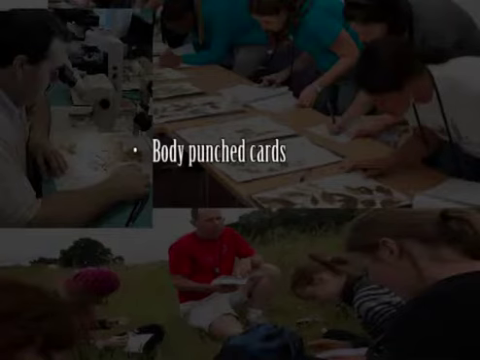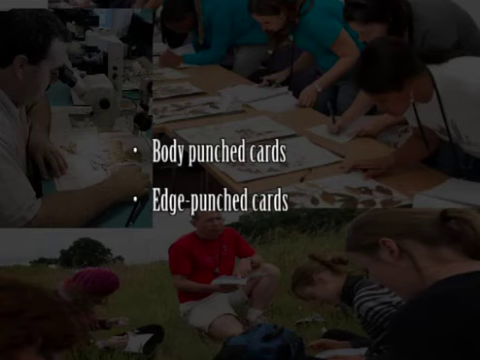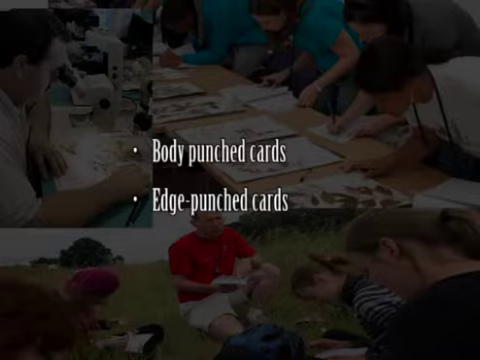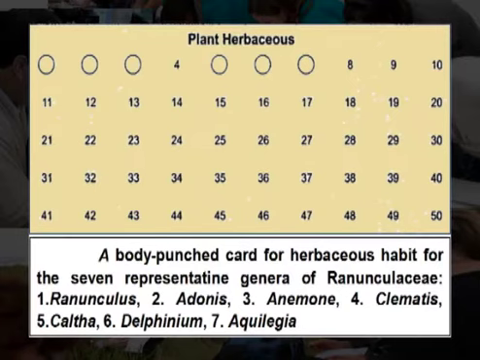Such identification methods often make use of punched cards. The two basic types of punched cards are number 1, body punched cards, and number 2, edge punched cards. Now, first we deal with body punched cards. These cards, also named window cards or peekaboo cards, make use of cards with appropriate holes in the body of the card.